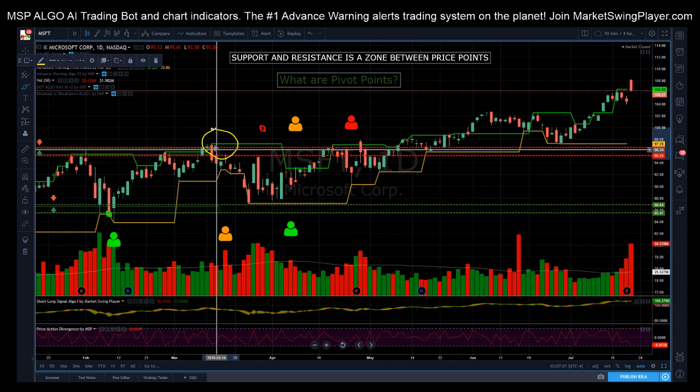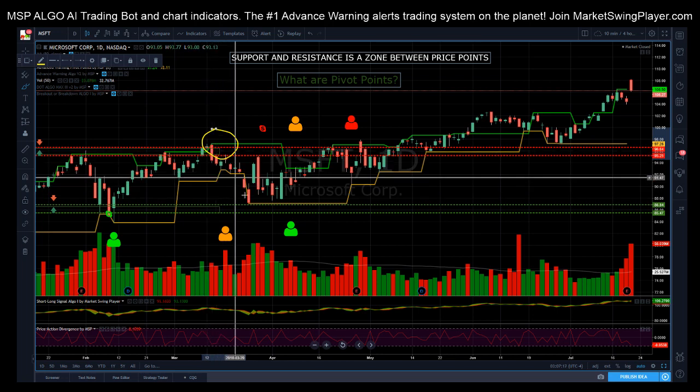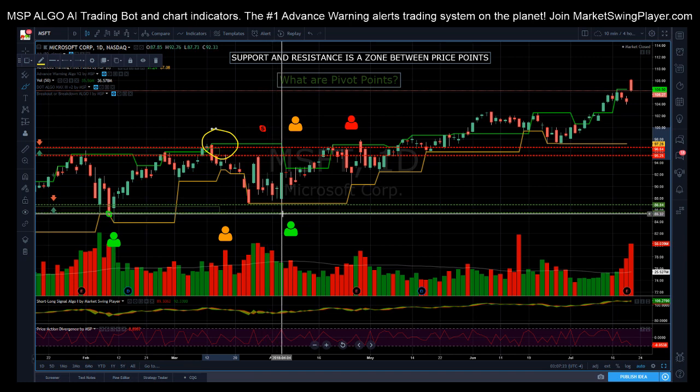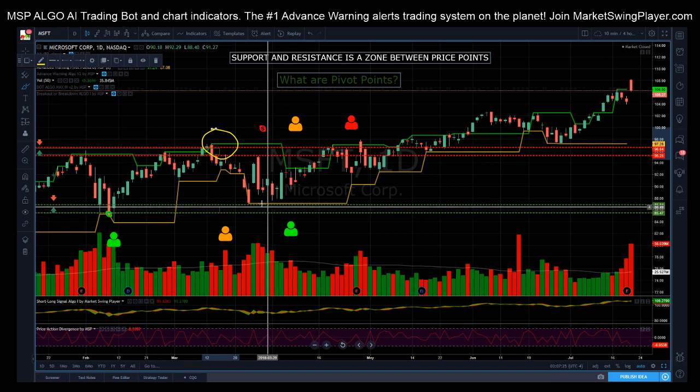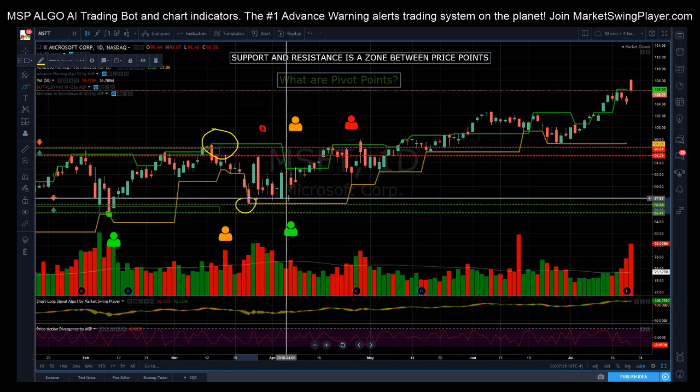And we know that MSP algo pivot points are only created based on detecting buying pressure or selling pressure. So when price pulled back, look how in line our support lines are in relation to the pivot point. So we got buyers here and here.